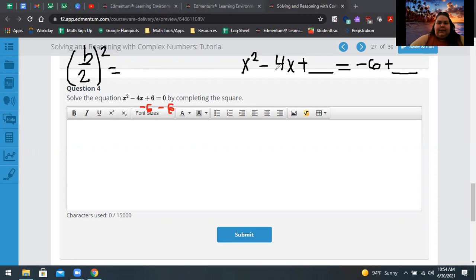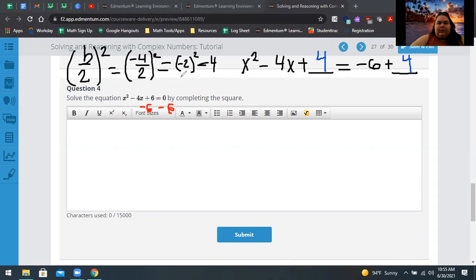So right here, my b is negative 4. So negative 4 divided by 2, and we square it, we get negative 2 squared equal to 4. So I'm going to plug in 4 and 4.